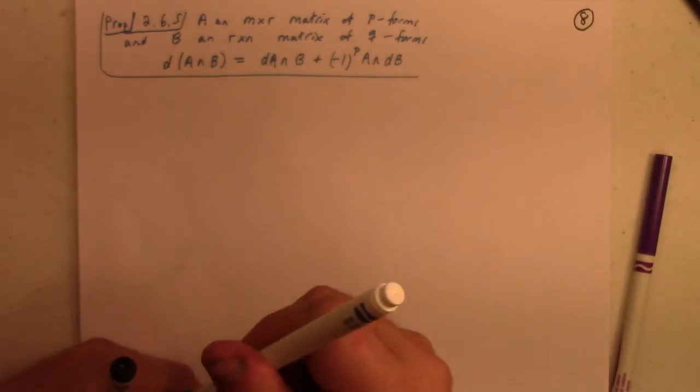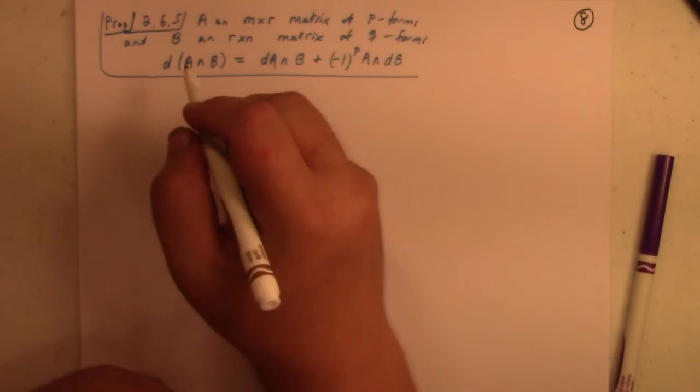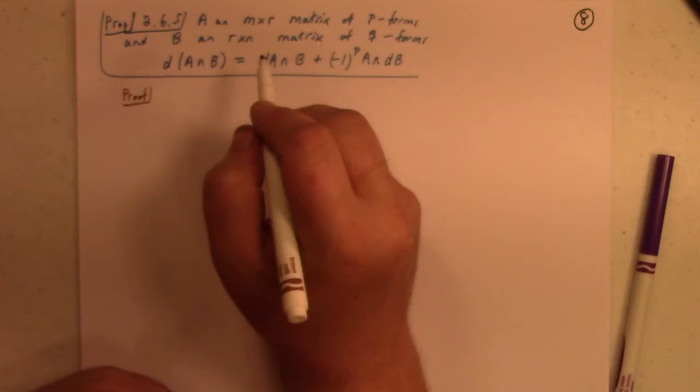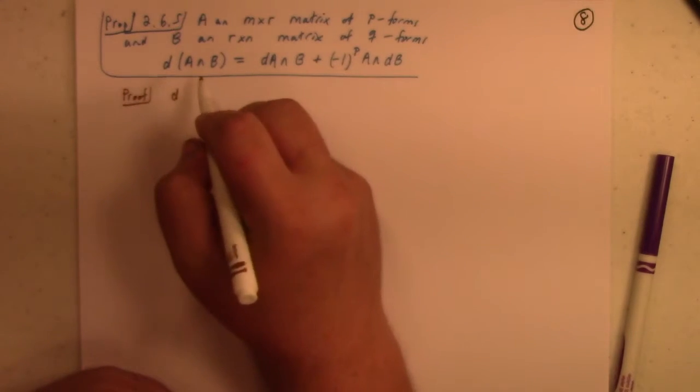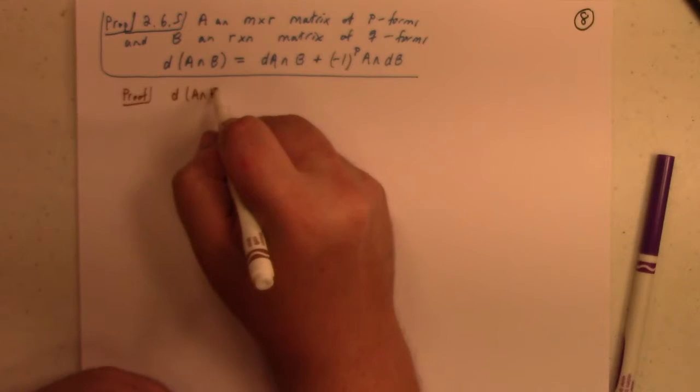Now let's work it out. I mean, I suppose if you dig down far enough, it's the product rule in Calc 1 plus algebra, but I'm not sure we'll get quite that far.